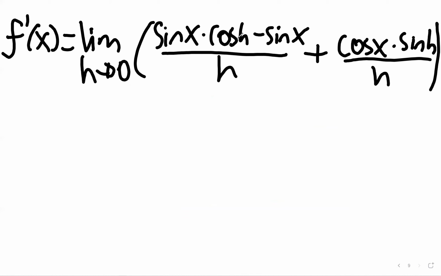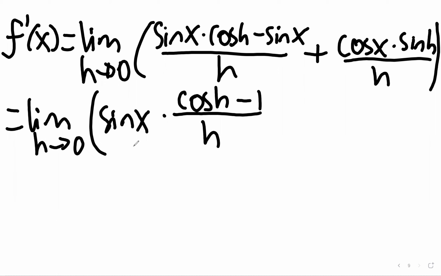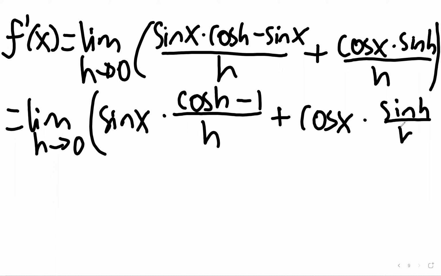So I will have this one: limit as h tends to 0 of sine of x, multiplied altogether by cosine of h minus 1 over h. And the second term will be cosine of x multiplied by sine h over h.